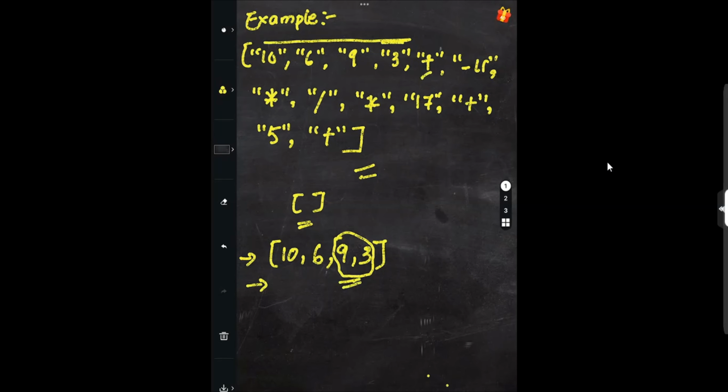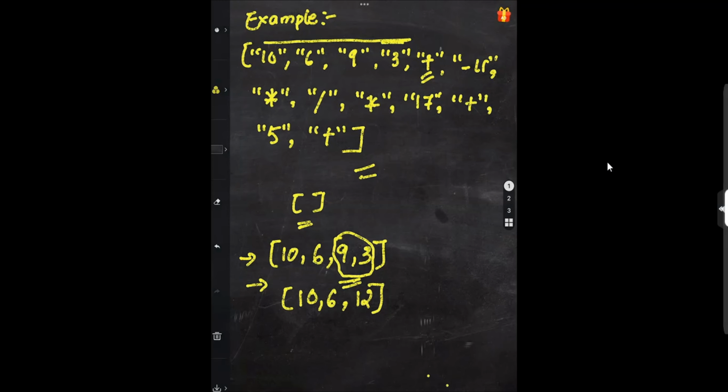We pop 9 and 3 and push 12 to the stack. Now the stack becomes 10, 6, 12. I hope this is clear.